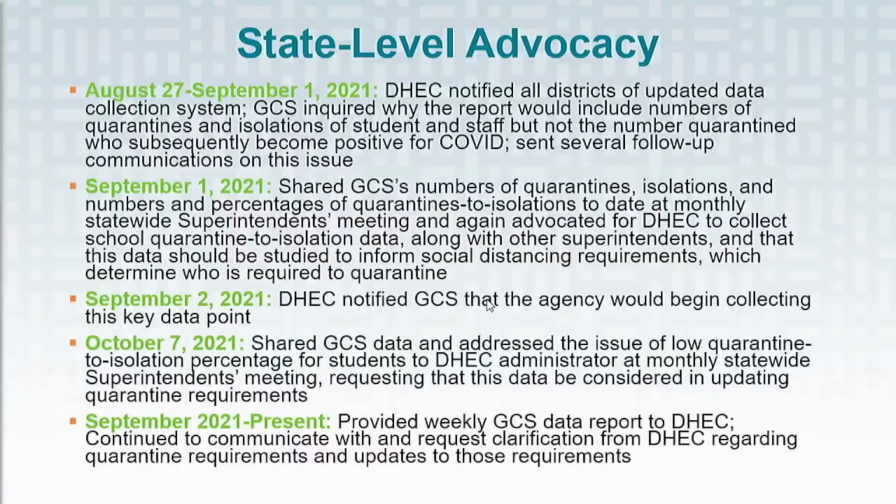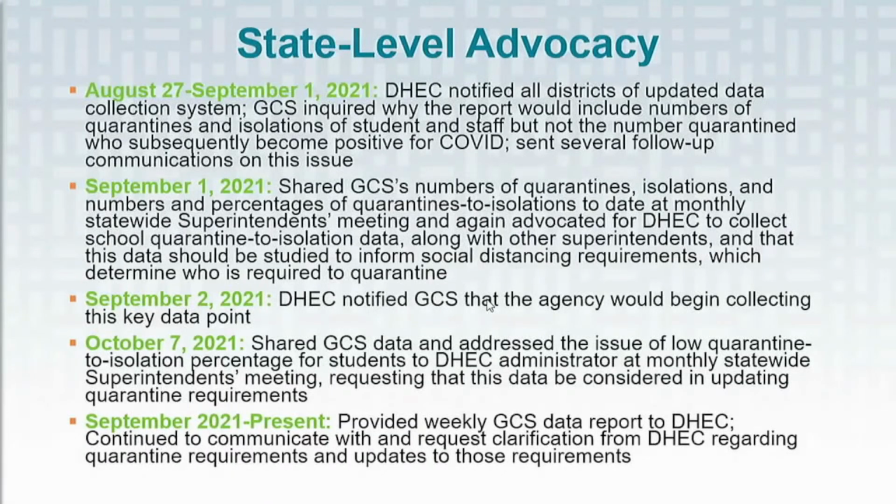September 21 forward, we've provided a weekly data report to DHEC, and we've continued to communicate with and request clarification from DHEC regarding quarantine requirements and updates to those requirements. Now, as you've seen, they have modified their requirements to a degree. We still believe they have not modified them to the point the data would indicate they could.